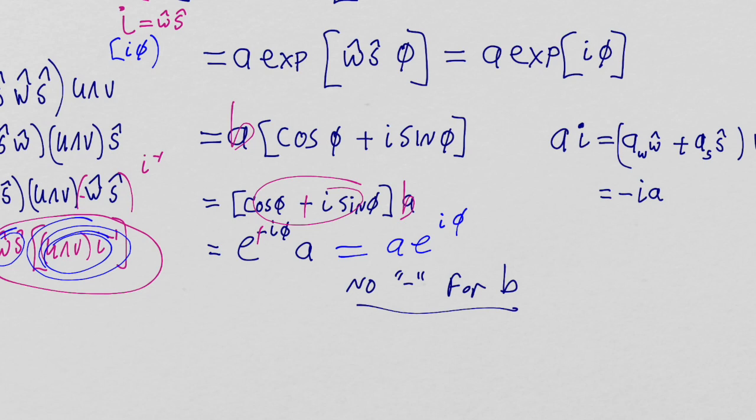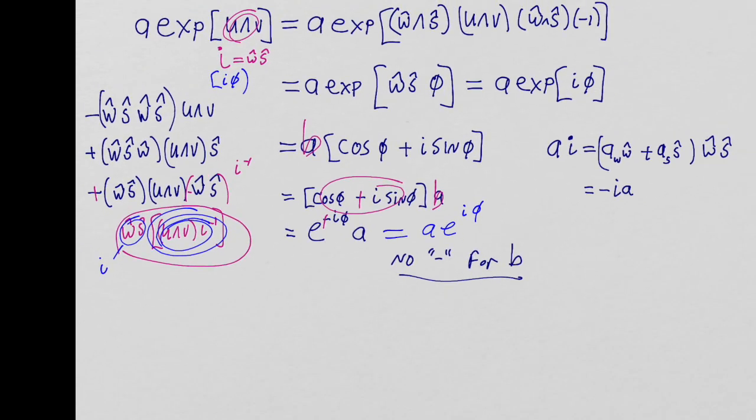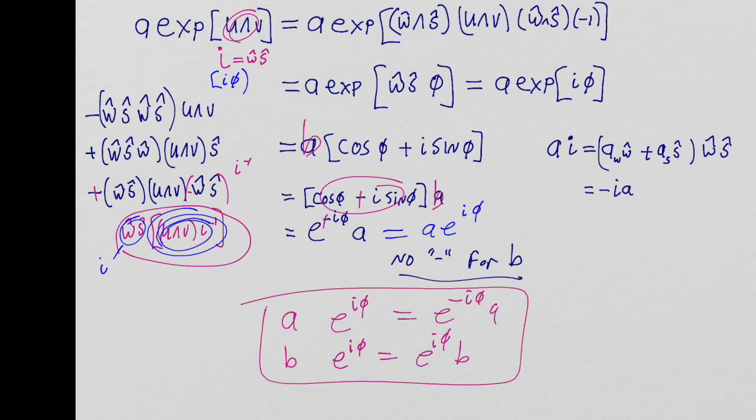So now we know how to commute vectors that are in the plane and vectors that are out of the plane with exponentials e to the I phi. This equals e to the I phi b, and this equals e to the minus I phi a. So we've learned about these two commutation rules.